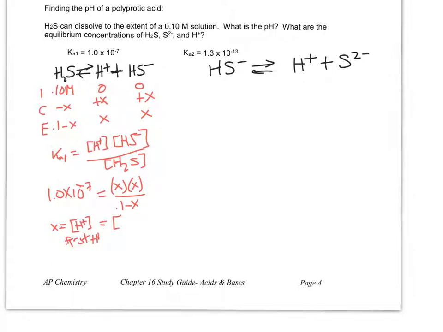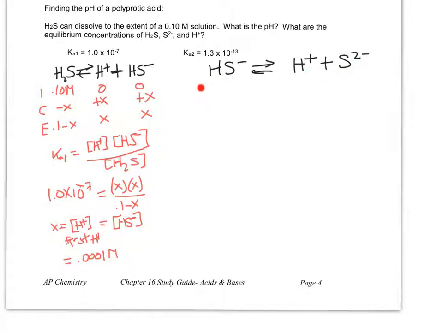It's also going to be my HS minus after the first dissociation, and I got that to be 0.0001. So now, after that dissociation, some of that HS minus is going to dissociate to turn into H plus and S2 minus.